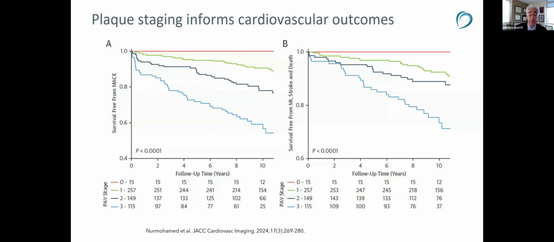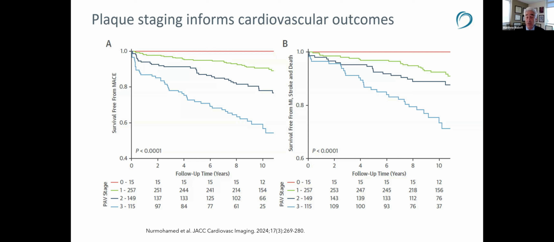We have a population of patients who had perfect long-term outcomes, both from MACE on the left and from MI, stroke, and death on the right. You can see increasing events or worse event-free survival as you go up in the stages, and it's very linear and stepwise. As you go to green, percent atheroma volume stage 1, we see increased events.